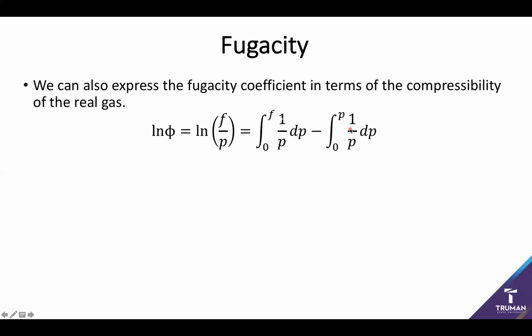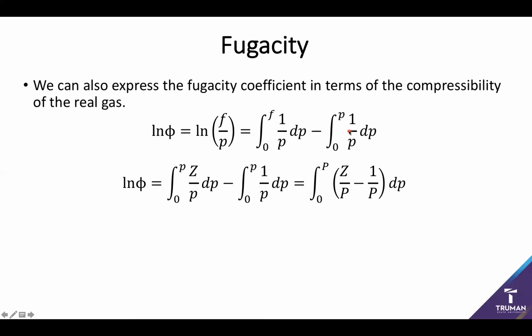So using this relationship, we can then go ahead and express our fugacity term as now an integral from 0 to P, instead of 0 to f, but now I've incorporated all of that non-ideality in terms of the compressibility coefficient.